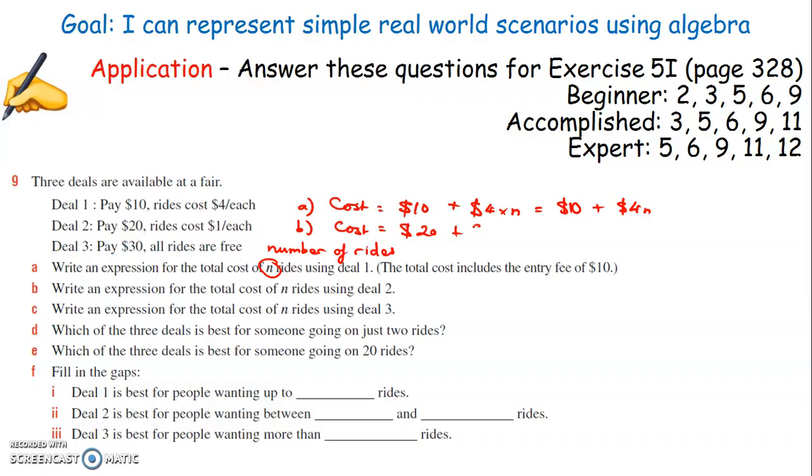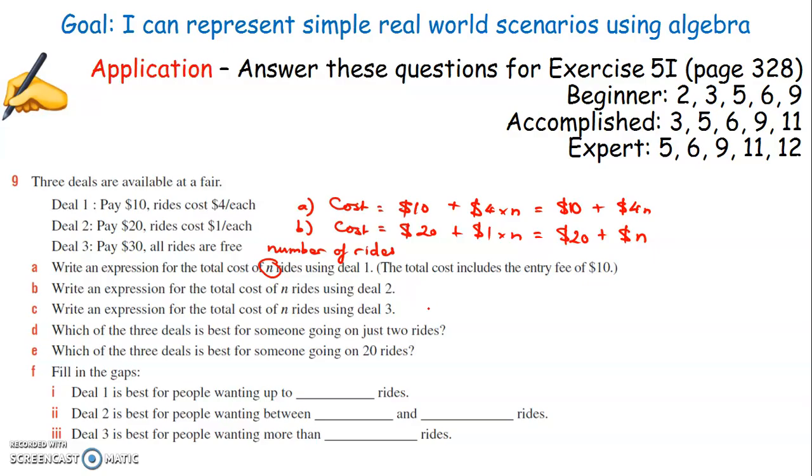So what we have here is $1 for each ride multiplied by the number of rides, so times n. So we're going to have 20 plus. Now, remember that for algebra, we don't have to write the number 1. So 1 times n is 1n, but because we don't have to write the 1, it's just going to be n. Okay?